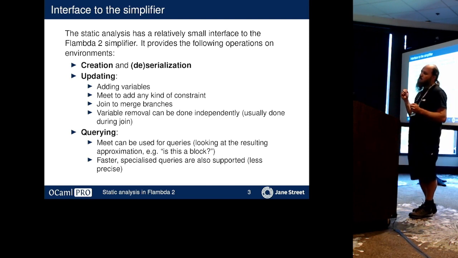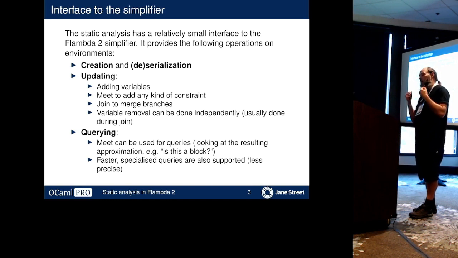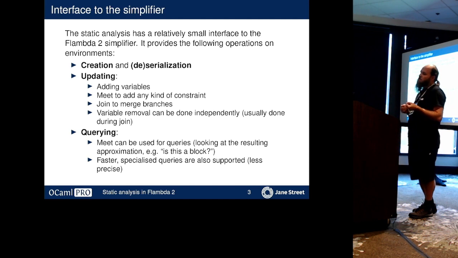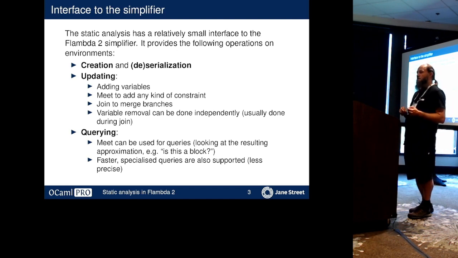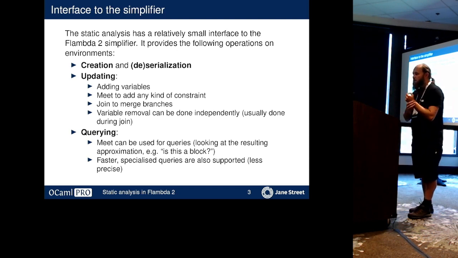Then we have updating functions to add information to it, and basically we just add properties. Then we can meet, as an abstract meet, or join when we have different branches going to the same point. And then we can clean it.